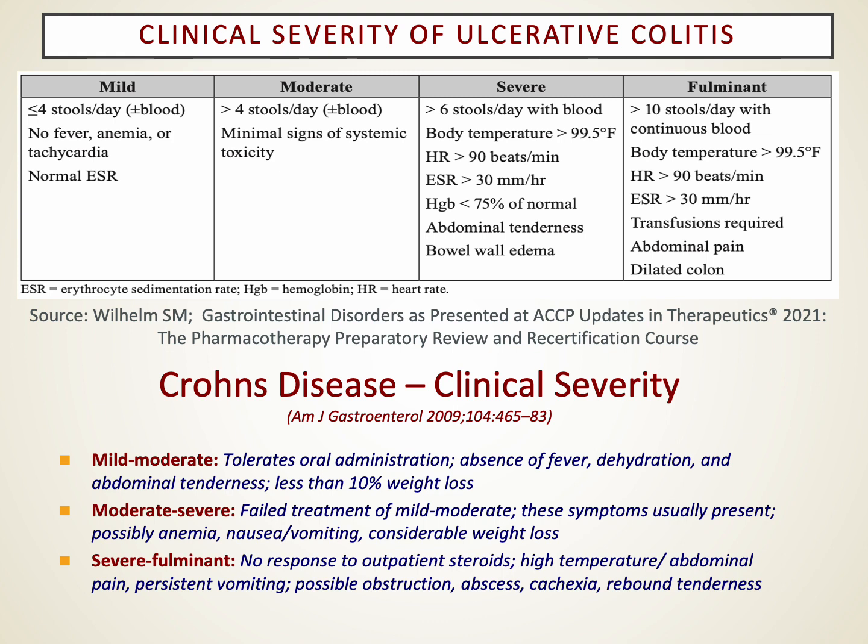Crohn's disease severity is also listed here as mild to moderate, moderate to severe, or severe to fulminant. Typically, we'll try to manage particularly mild to moderate disease with oral therapies, but in the more moderate to severe cases, we're going to have to use the more aggressive disease-modifying regimens as well.